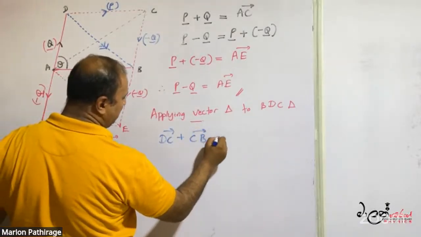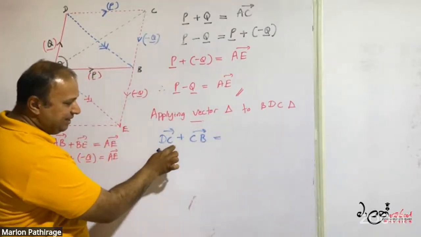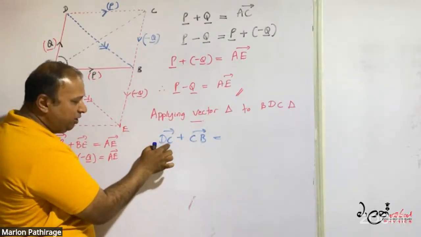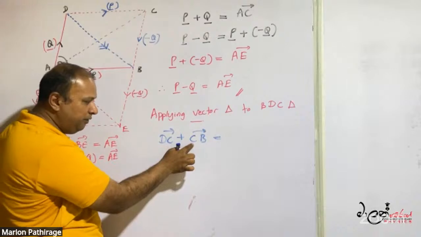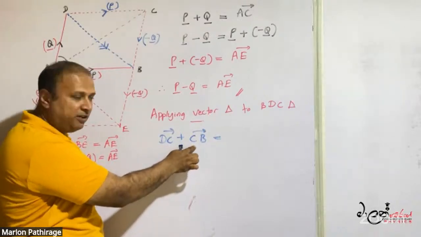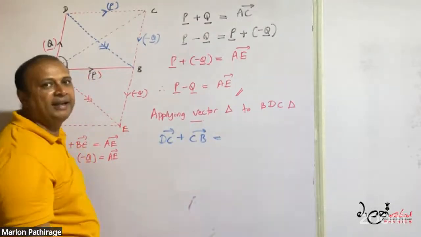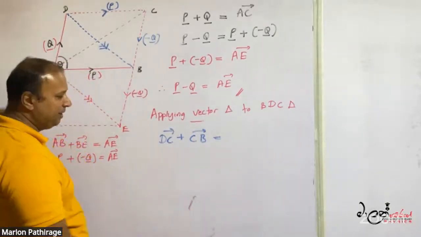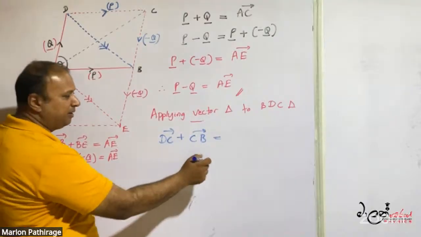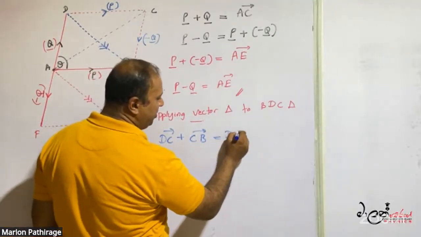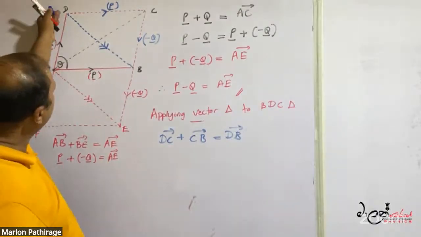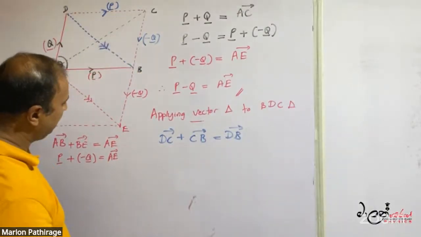The end point of the first vector is equal with the starting point of the second vector, so I can overlap them. Then the remaining one is DB. Therefore, DC vector plus CB vector should be equal to DB vector.